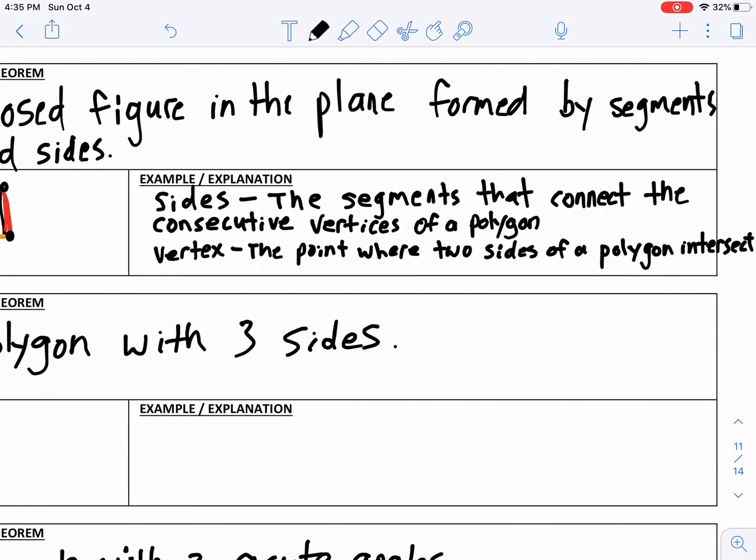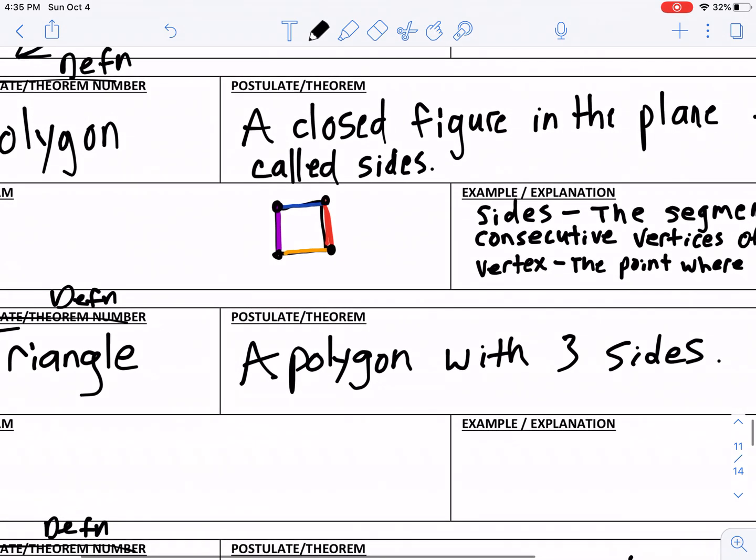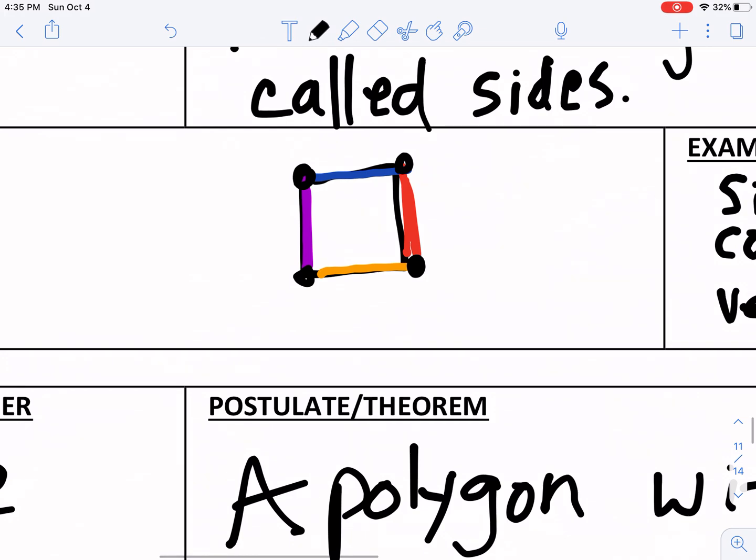The sides, they're the segments that connect the consecutive vertices of the polygon, and then the vertex, that's the point where the two sides of the polygon intersect, okay? So we have our segments forming the sides, then each one of these corners here, each one of those points, they represent a vertex of the polygon. So we could think of this as vertex A, vertex B, vertex C, and vertex D, okay?